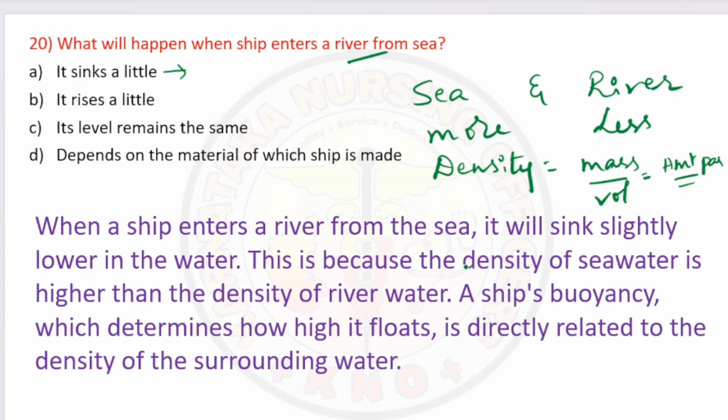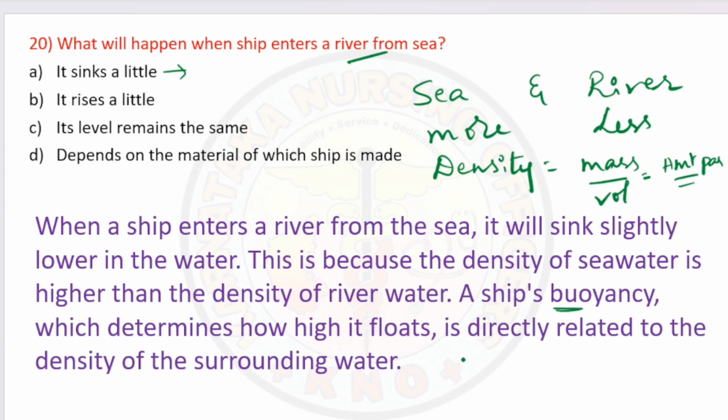This is because the density of sea water is higher than the density of river water. Hence, a ship's buoyancy, which determines how high it floats, is directly related to the density of the surrounding water. It mainly depends on the density of water molecules.